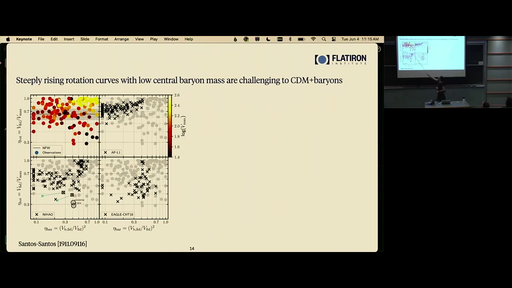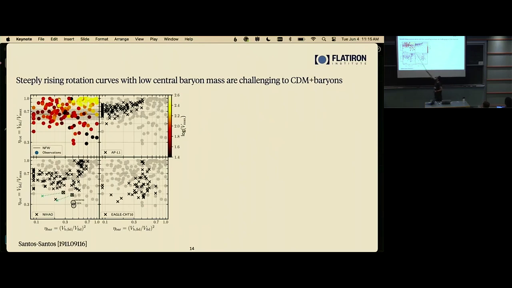These objects over here, oh, sorry, I didn't explain the x-axis. So the x-axis is the VFID of the baryons in the fiducial radius, divided by the total fiducial velocity squared. So this is basically a proxy for the baryonic mass fraction within VFID. So think GM over R, assuming spherical symmetry.